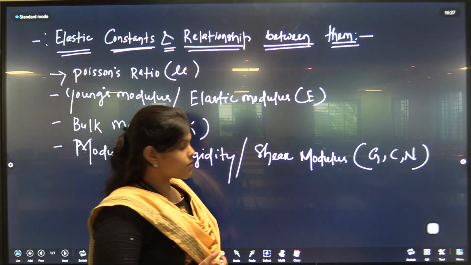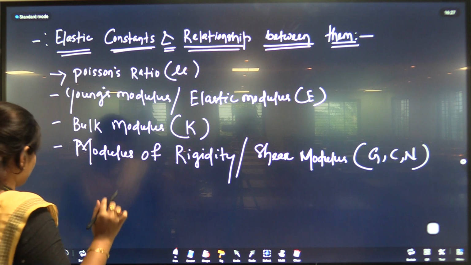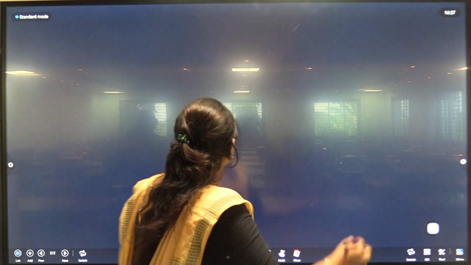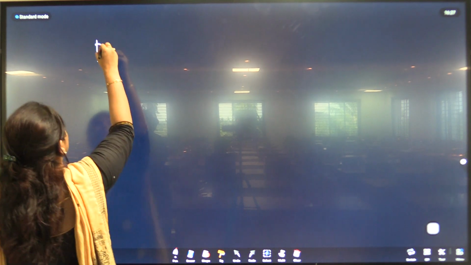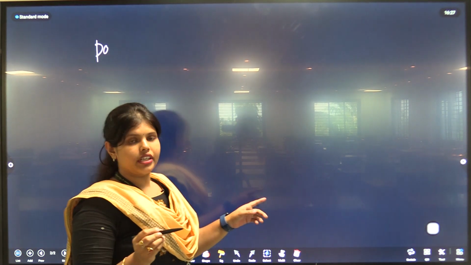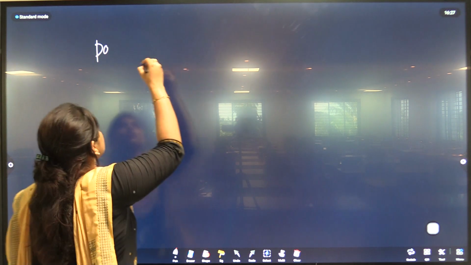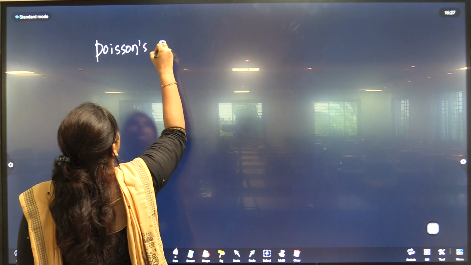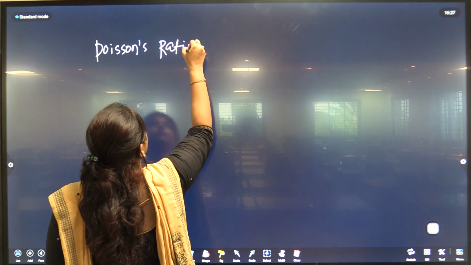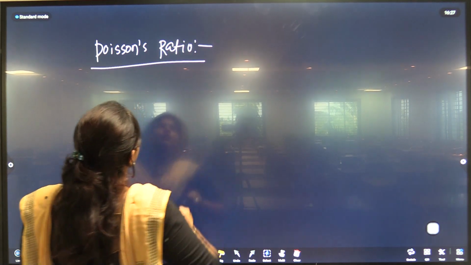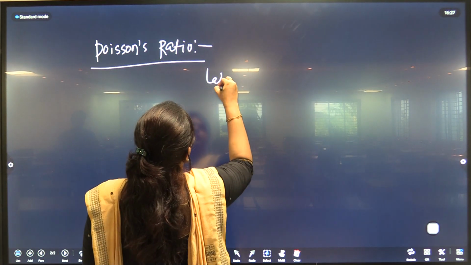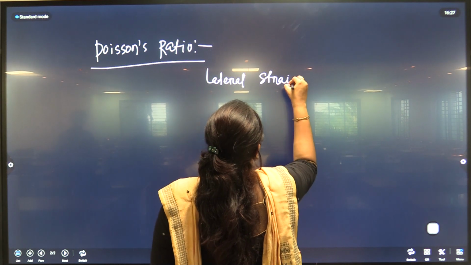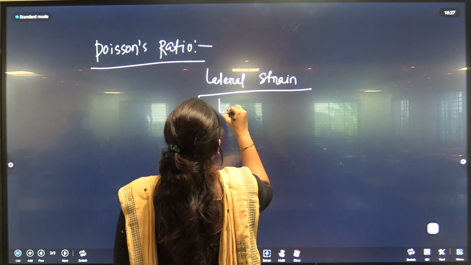Now, what is Poisson's ratio? Poisson's ratio is the ratio of lateral strain divided by longitudinal strain, or the ratio of lateral strain to longitudinal strain.